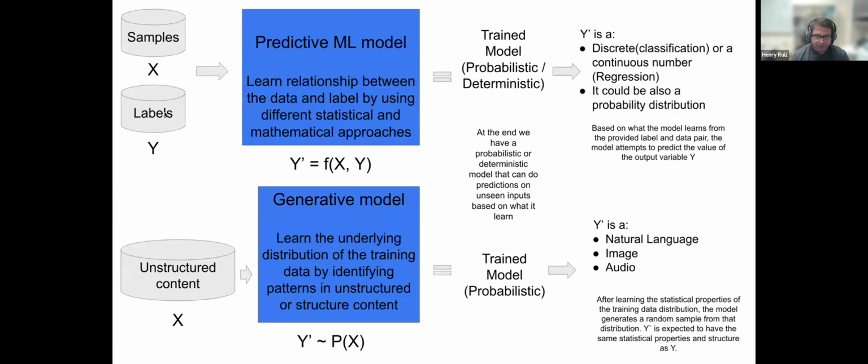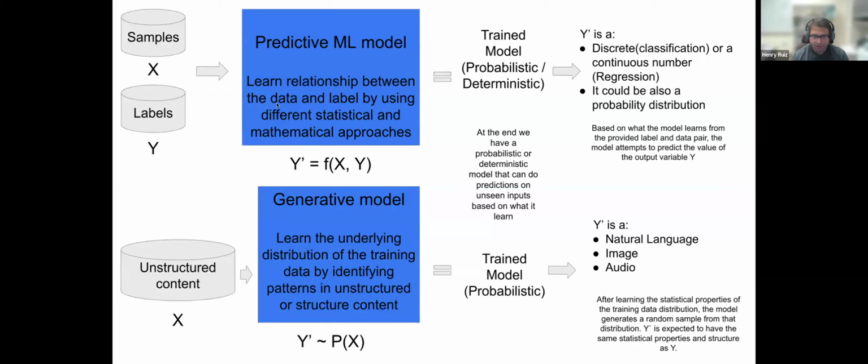So then we're going to find today that the most common approaches are predictive modeling and generative modeling. Again, in predictive modeling, we provide the algorithm with data.